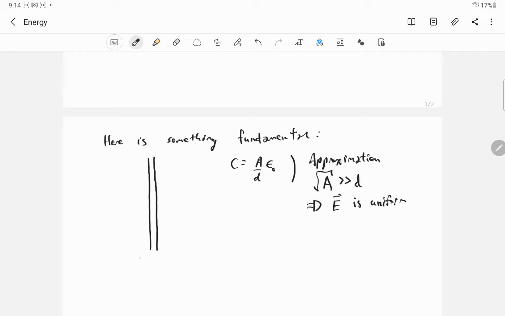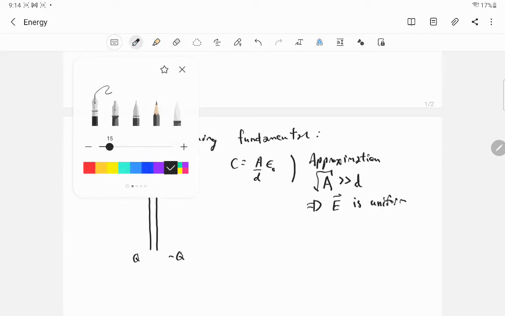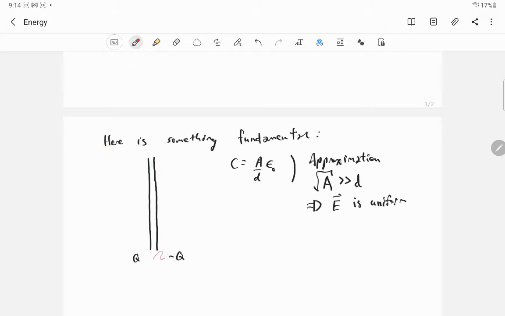So let's imagine we put the positive charge on the left plate and the negative charge on the right-hand plate. Then what this is saying is the electric field that's in here is uniform, only points from the left side to the right side. So everywhere it's the same value. All the electric field lines are nice and straight.